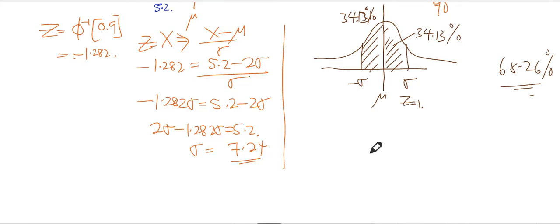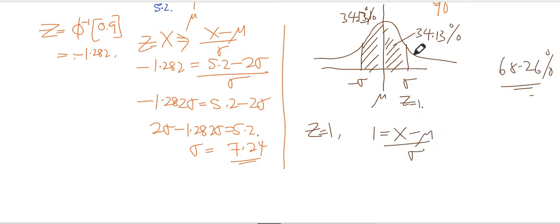But if you're not sure, no problem, we can still do that. I know this part here is 34.13, and for one standard deviation my z-score is 1. You can find that from MF19. If z-score equals 1, then 1 equals x minus mu over standard deviation.